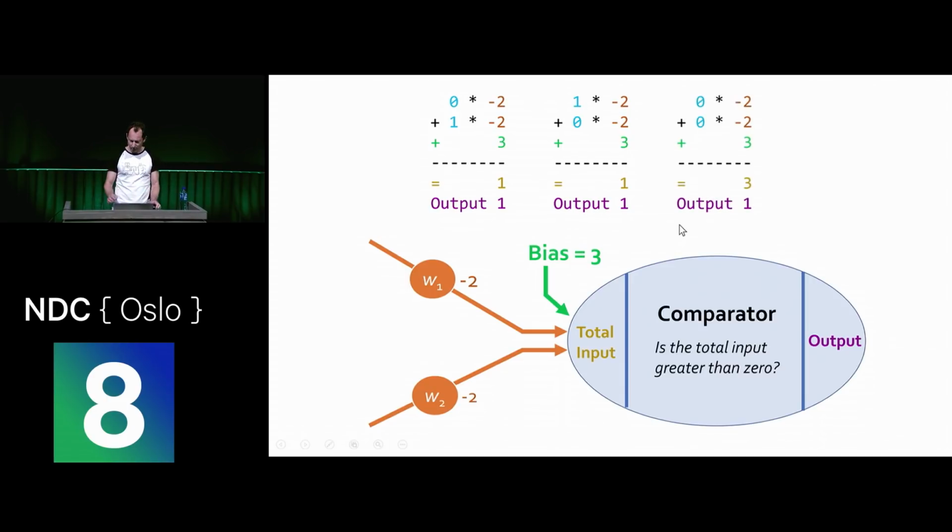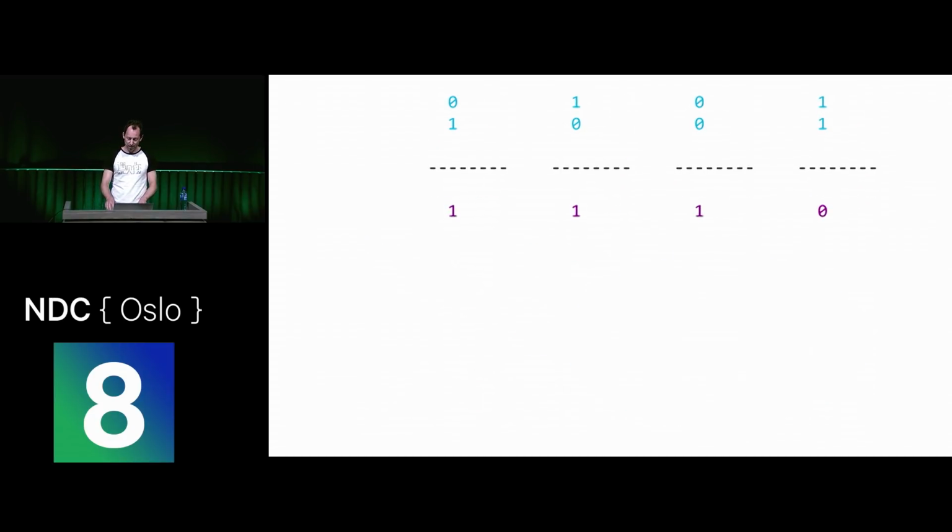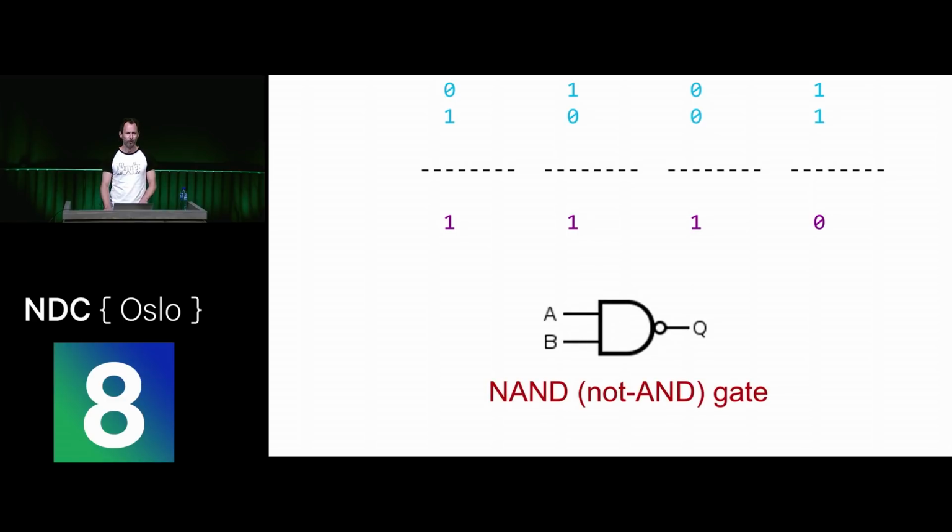Let's put 2 zeros in there. Now, when we do the maths, the total input is 3, which is still greater than 0, so we output a 1. And let's now put 2 ones in there. The total input is now -1, right? That's less than 0, so we output a 0. So what we've done here is we have created a NAND gate, a logic gate.